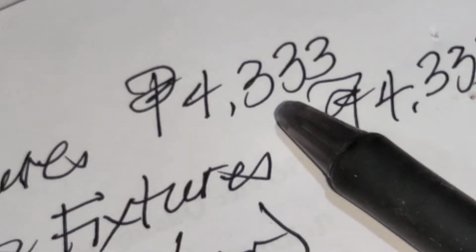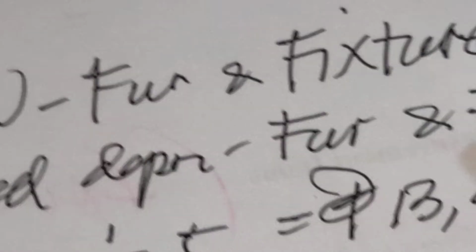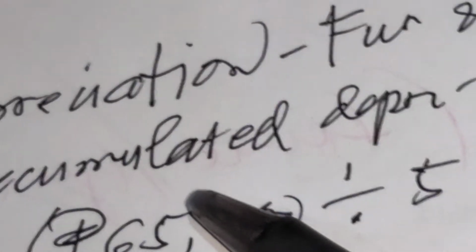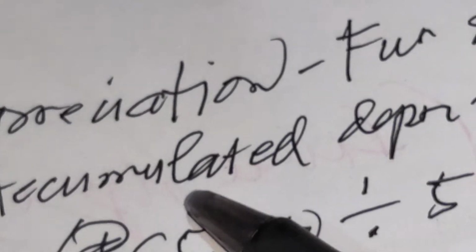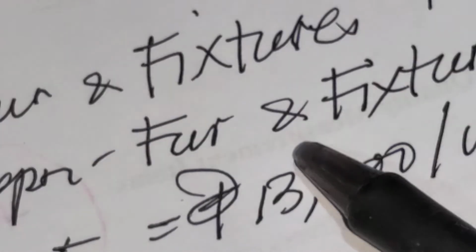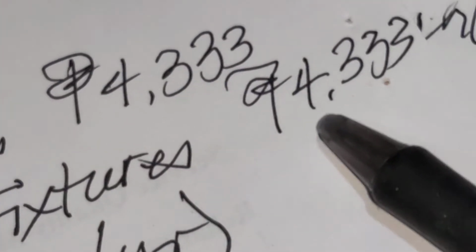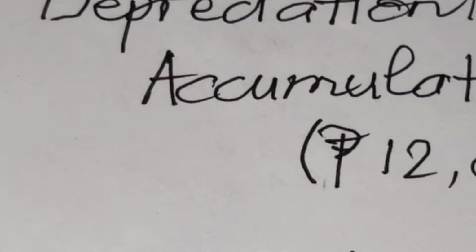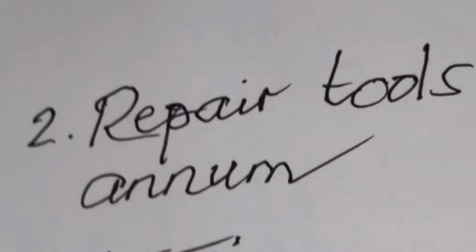That is your depreciation for your furniture and fixtures, 4,333. And you have a contra asset account, which is accumulated depreciation for furniture and fixtures, 4,333. The other one is for service equipment, so you should depreciate that too.